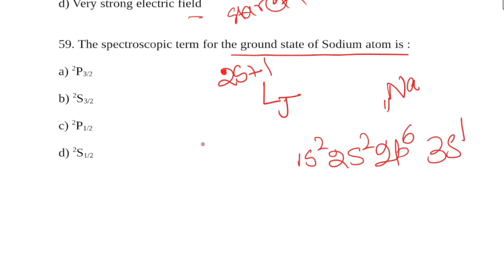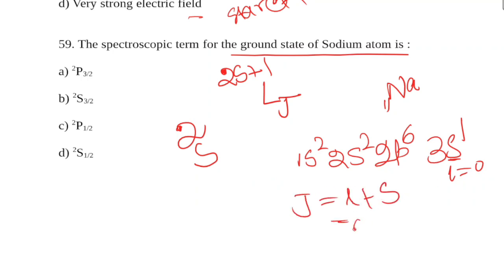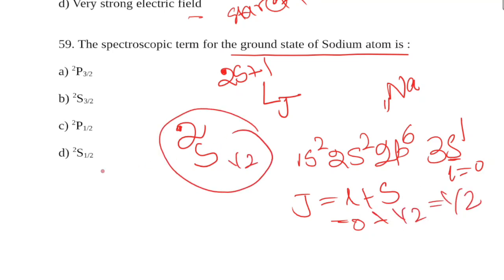Here this is your S, because S means the small l value is 0. Now the spin is half, so 2S plus 1 will be 2. And J will be L plus S, that is 0 plus half, which will be half. So 2S half. So this is your correct option, option D.